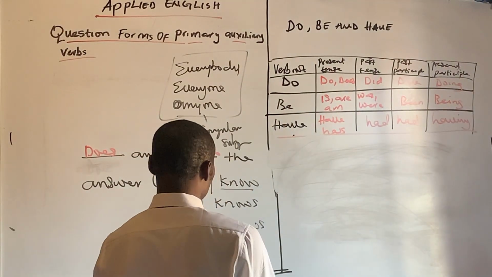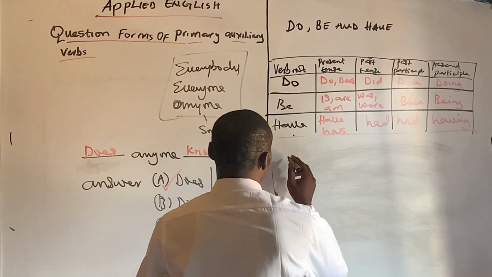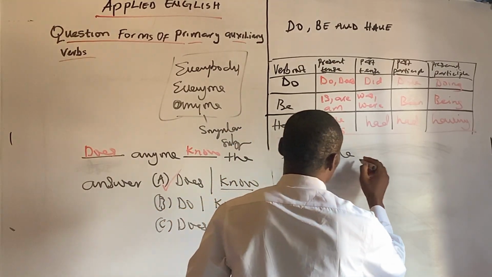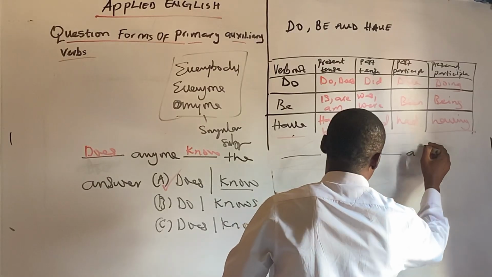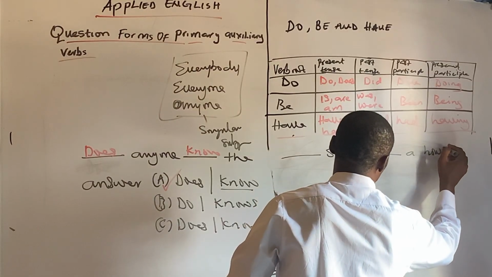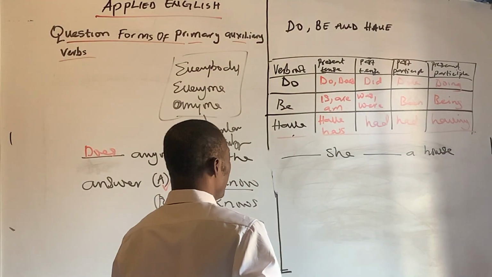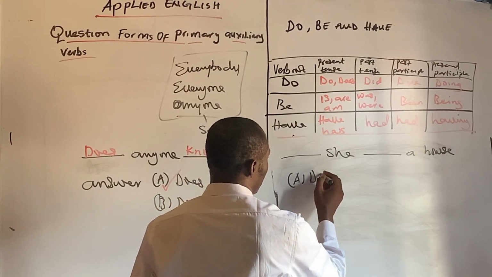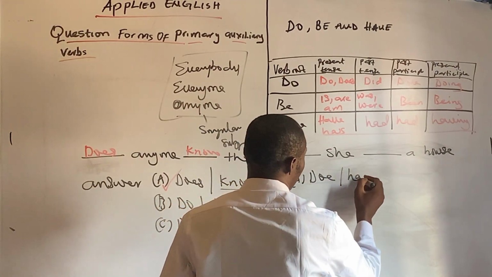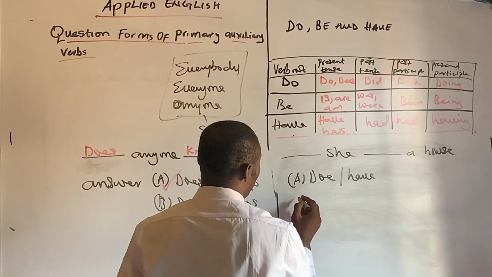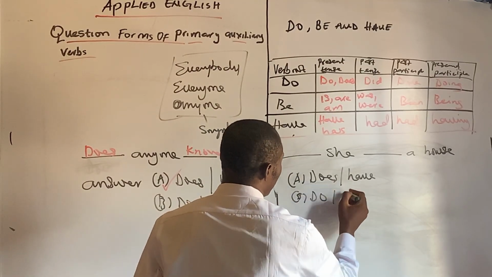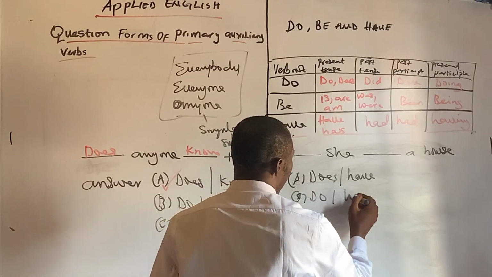The next question, if we have dash she dash a house. Now, will it be "does she have a house?" Or will it be "do she has a house?"